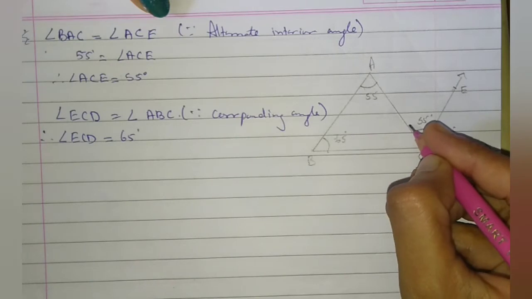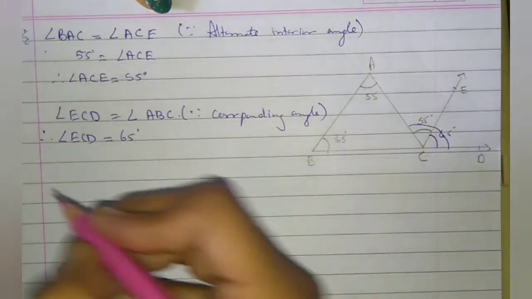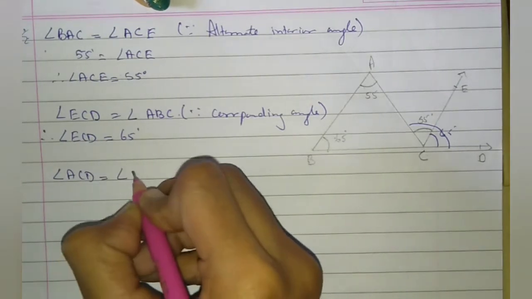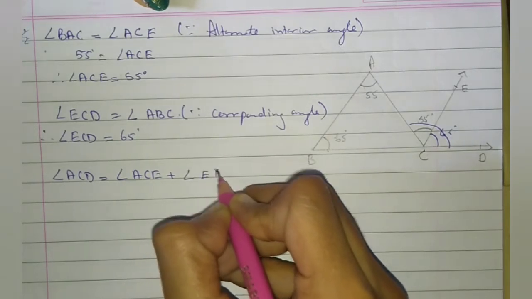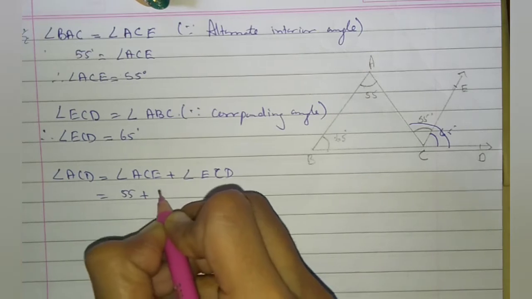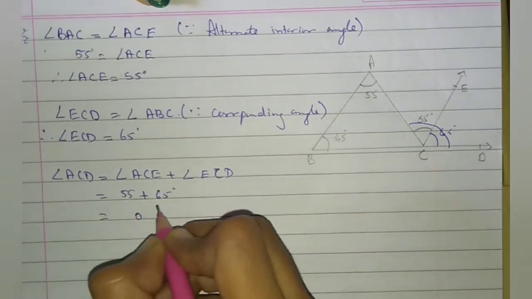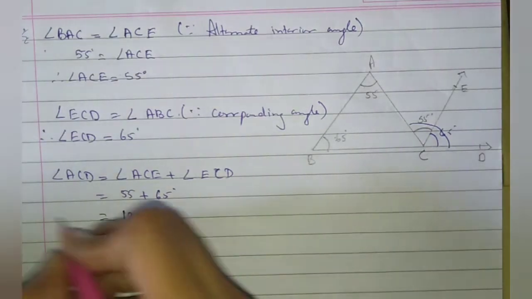We can find easily this whole angle, 55 plus 65. So angle ACD equal to angle ACE plus angle ECD, which is equal to 55 plus 65. So ACD is 120 degree.